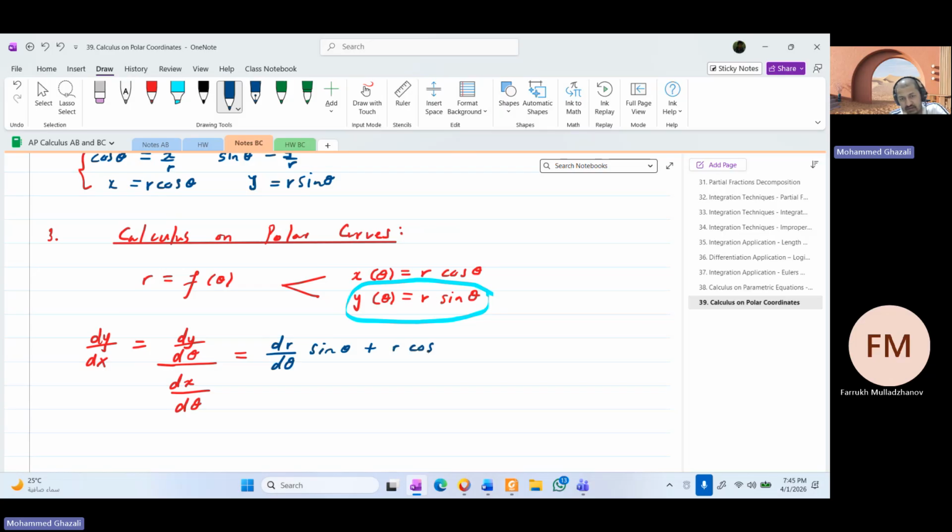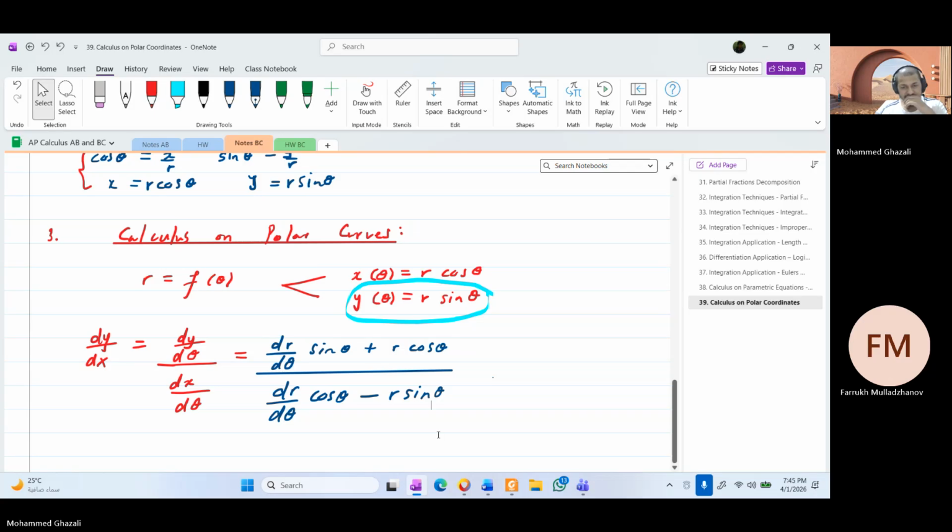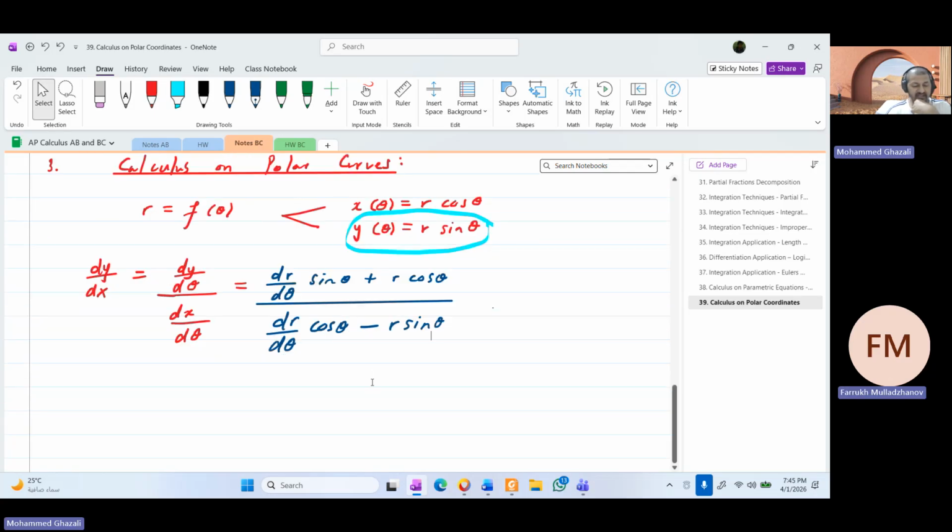So r cos theta. Divided by the derivative of x. So you say the derivative of r is dr d theta, times cos theta. And the derivative of cos is negative sine. So negative r sine theta. Are we good? Makes sense? Right, excellent.